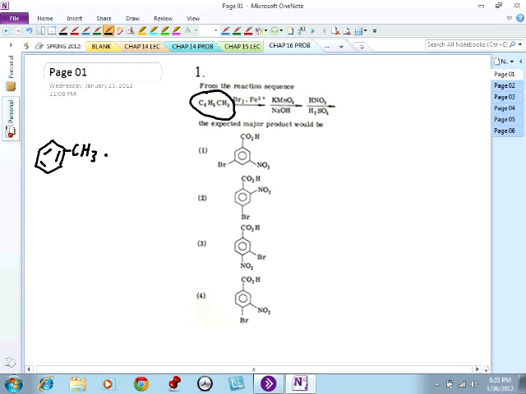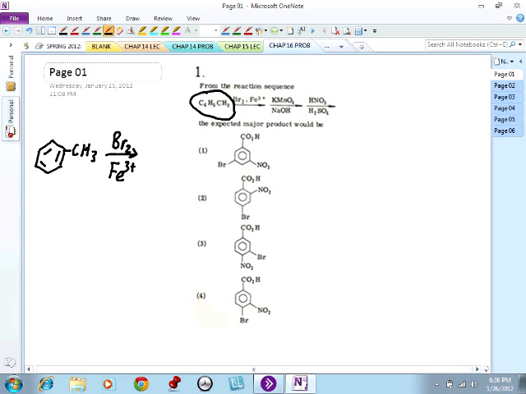and then they perform what kind of reaction? Bromination, okay, with some iron(III) salt. And so what do you expect the product to be? Ortho and para product.